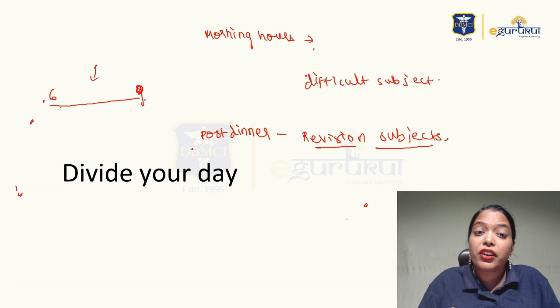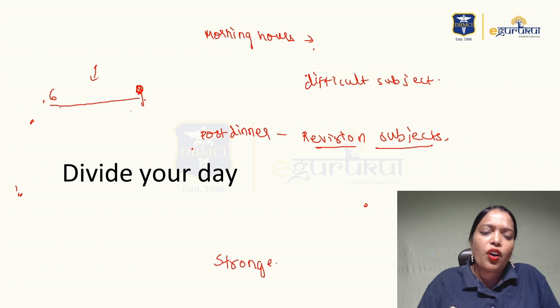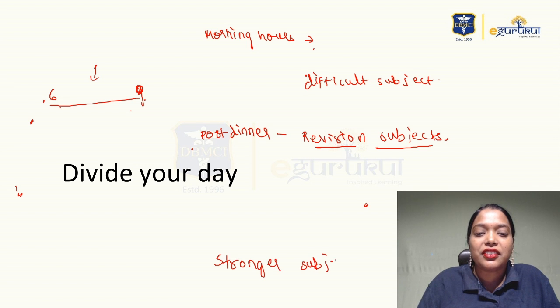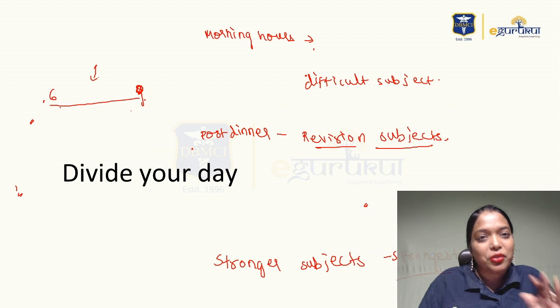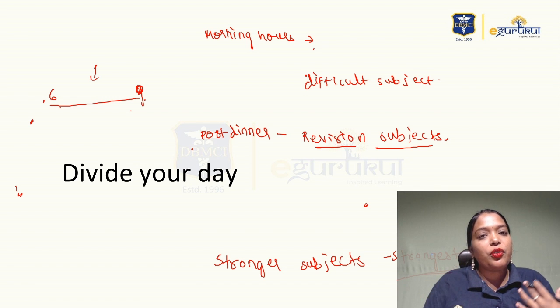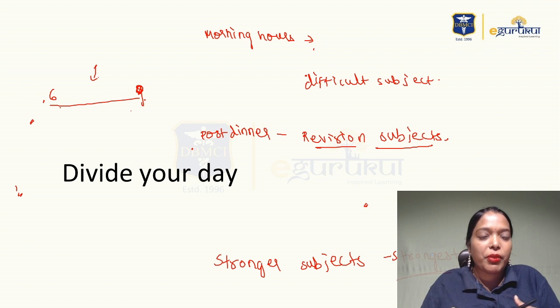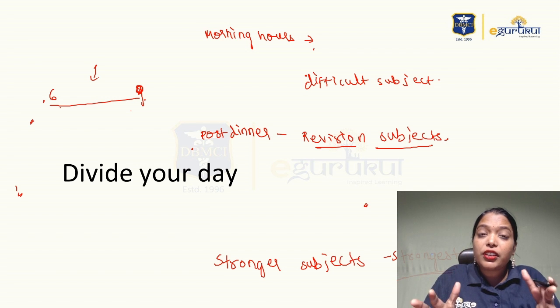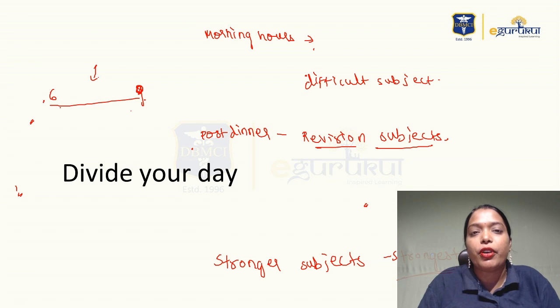Another key important thing, guys, make stronger subjects strongest. Most of the time we go on making the weaker subject strong. No, making the stronger subject strongest is also very important.